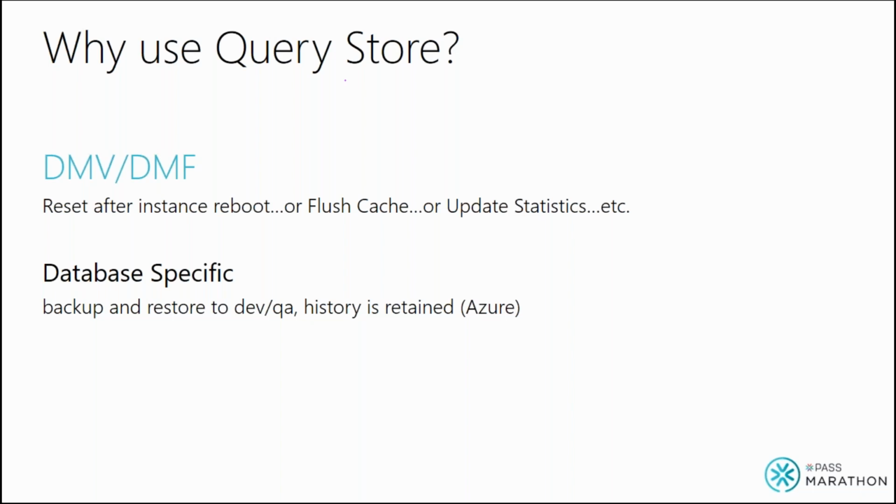And so if it's moving from place to place, those statistics need to come with it. And I think that's why it was created, and it made a great option for us that had to stay on-premise and couldn't go to Azure. And you can actually back up and restore this database to Dev or QA. I've even heard people say that you can do the clone database, and it'll keep this query store information available to you so you can examine it somewhere outside of a production machine, which is pretty cool if you ask me.